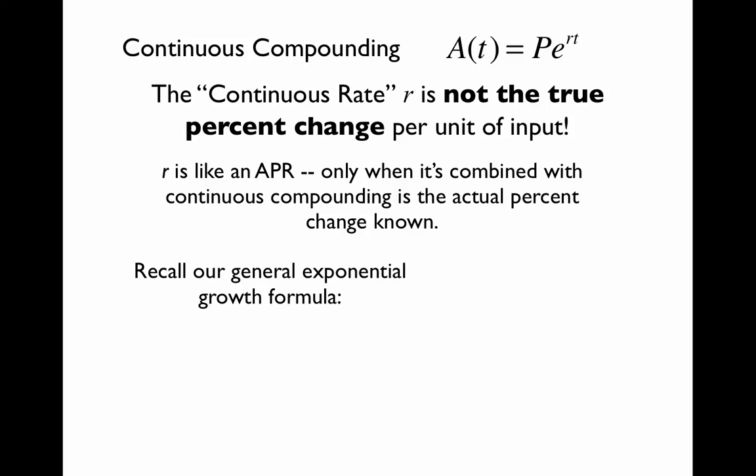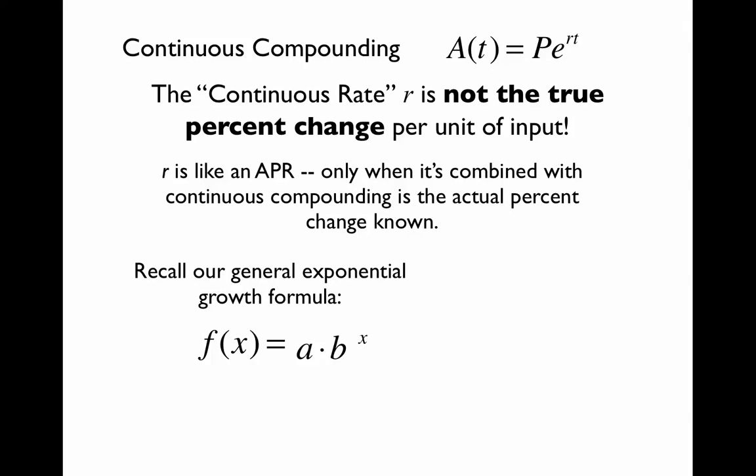Now we can come full circle back to our original exponential growth formula, which was what? What was our general exponential growth formula? Initial value times b to the x.